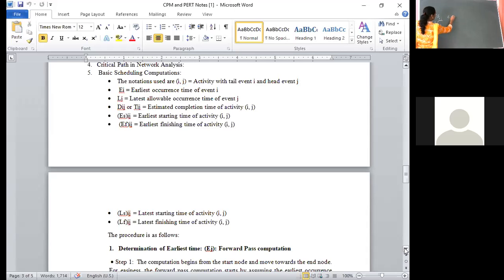Similarly, LSIJ is the latest start time of activity IJ, and LFIJ is the latest finish time of activity IJ. You have to remember these things. Otherwise, ESIJ we will simply write as EI.